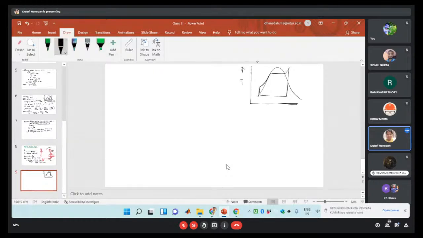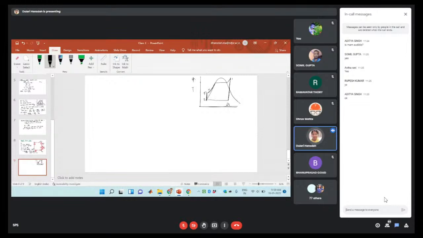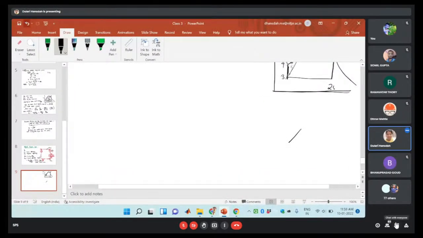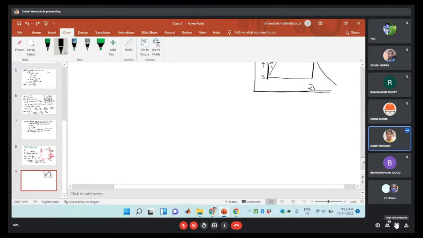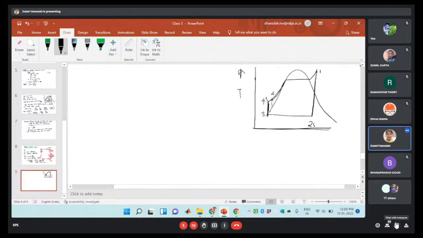Points one, two S, three, four S. So sometimes, in the case of the pump, or the turbine, the work will depend upon the entry condition of your steam.